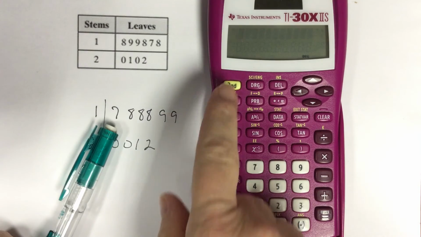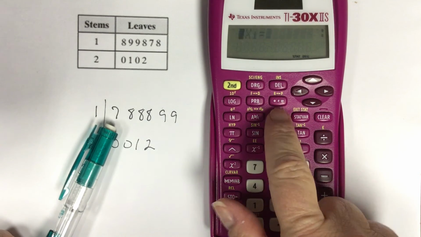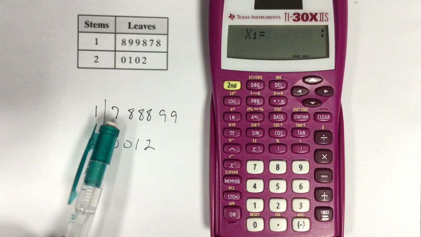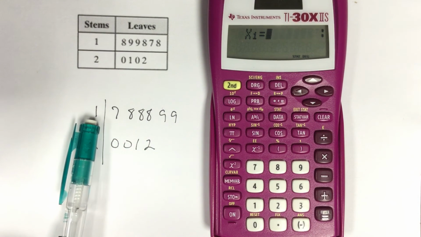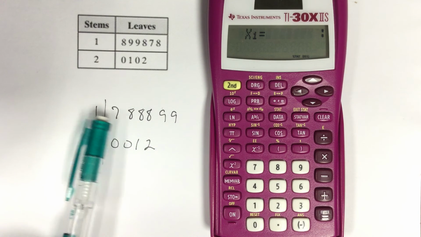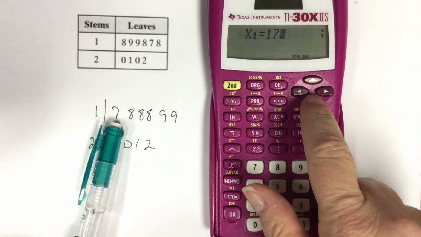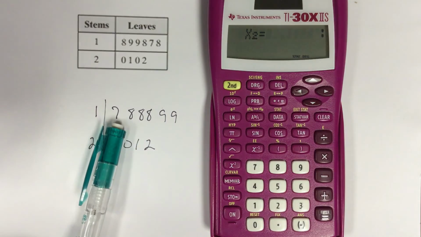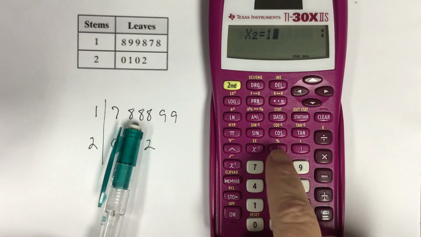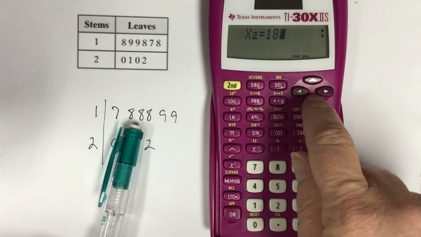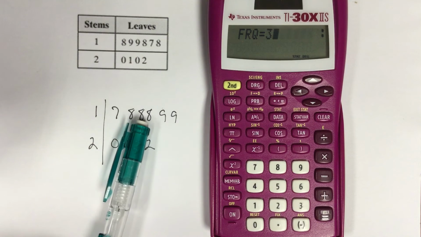Okay, back at the calculator one more time, we are going to use the data as we put it in order. I'll hit second stat to get into stat mode, then enter, and then I'm ready to enter data. Now remember how this works, our stems are the tens place. So this first value is 17. There's 1 17. Then I'll hit the down arrow twice. There are 3 values that are 18. So I'll enter my 18 and then down arrow, and that value occurs 3 times, so change the frequency to 3.